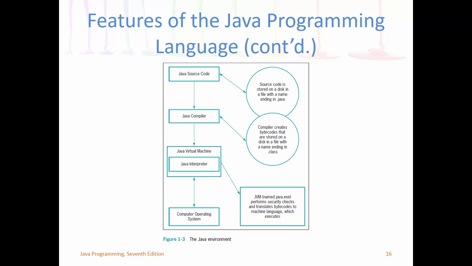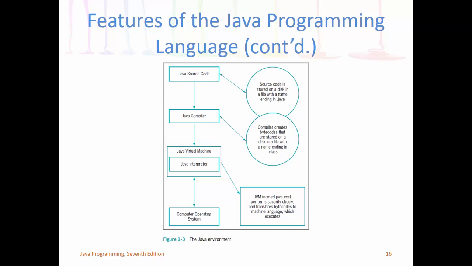The compiling will turn it into what we call bytecode. It basically takes that information and turns it into a format that's a lot closer to what the machine can run. Then that will be sent to the Java virtual machine, where the interpreter will take that bytecode and convert it into a language that will execute within that environment.